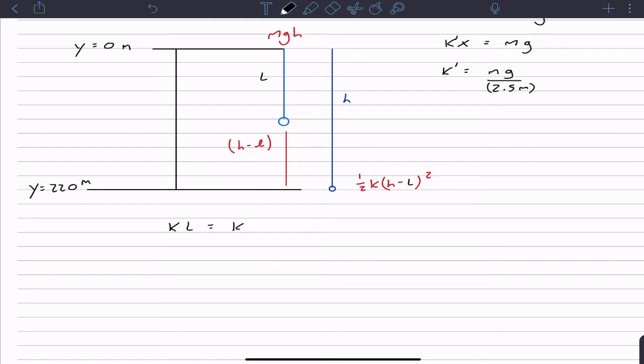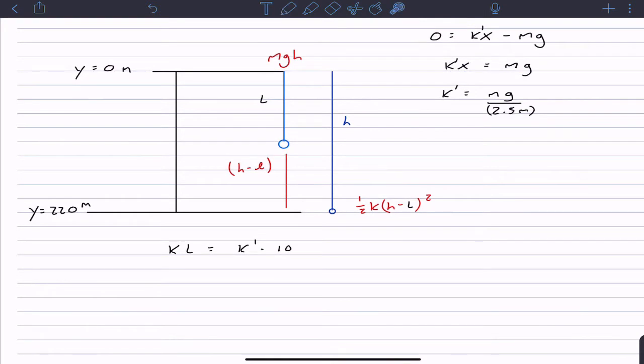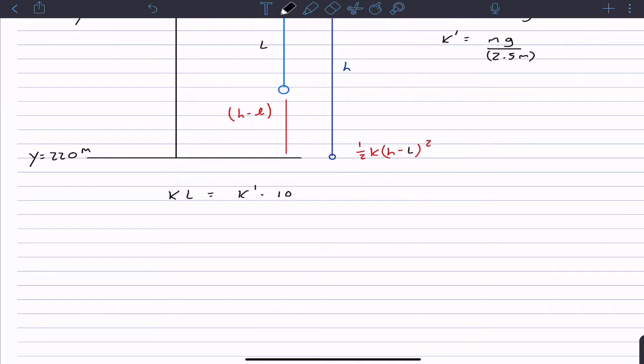And that's going to be the same as saying, since we're using the same type of cable, k prime times the length of the other rope, which was 10, right? We were told the original rope for which we found this was 10 meters. So that gives us k equals k prime times 10 over L, which is equal to mg over L, 10 over 2.5, right? Because I just plugged this in here.